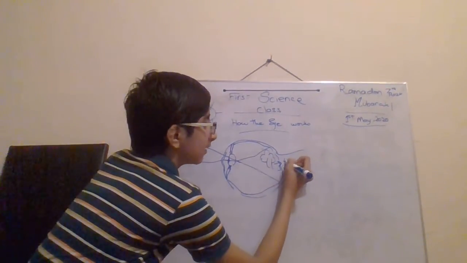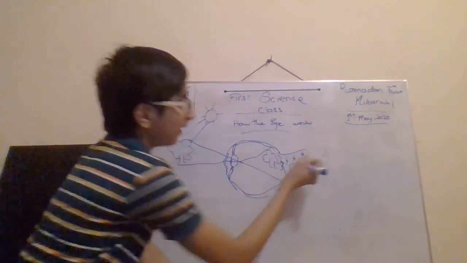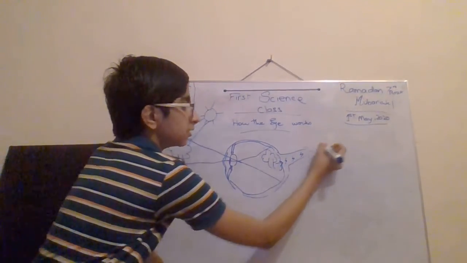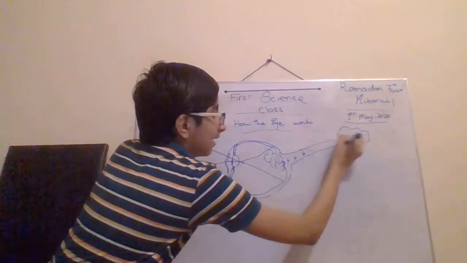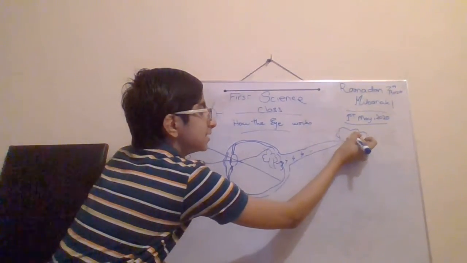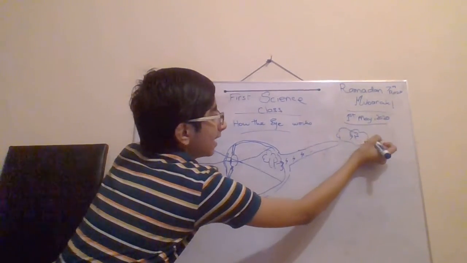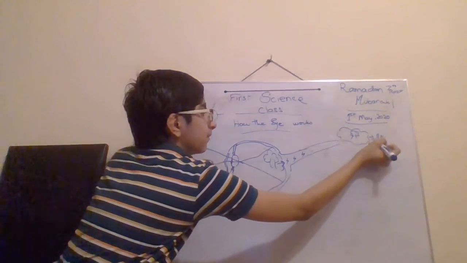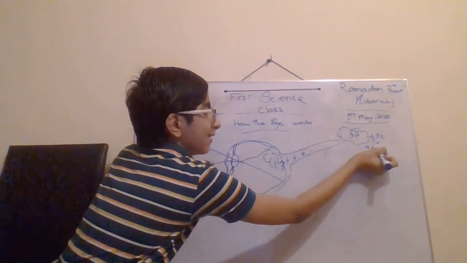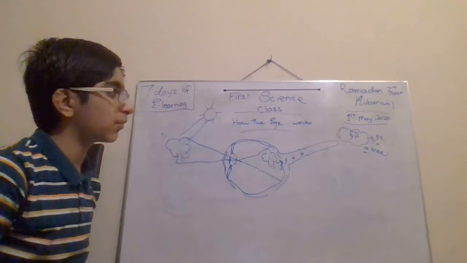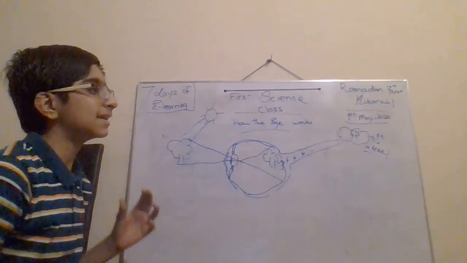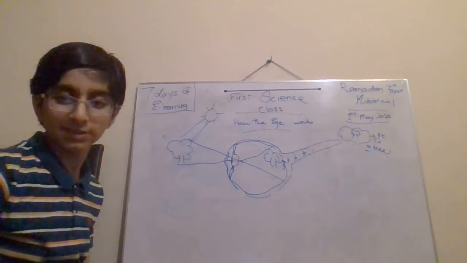So now this will be converted into signals, and these signals will be sent to your brain. Okay, and your brain will compute all the results and will tell you that it is a tree.